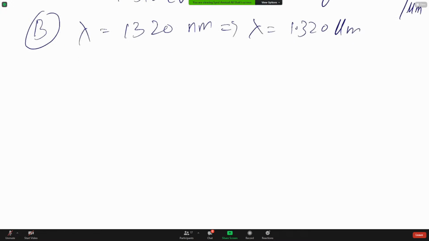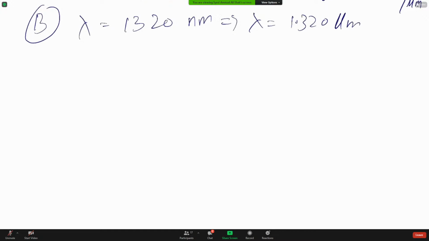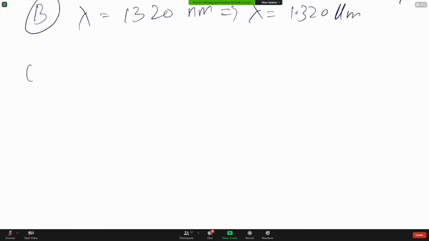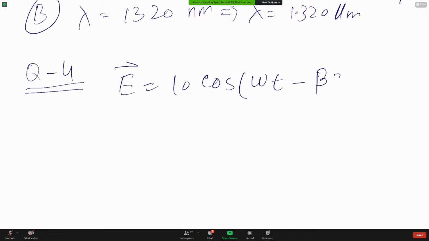It says the electric field of a light wave is specified by E equal to 10 cos of omega t minus beta z.